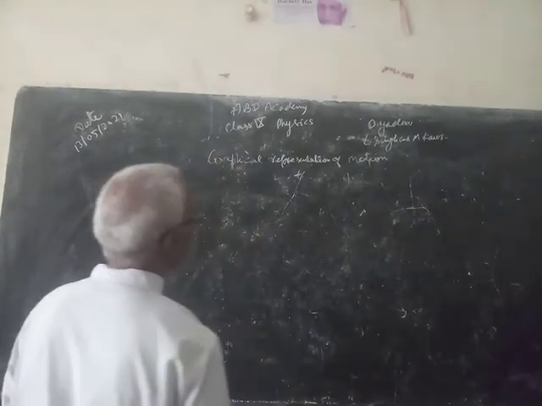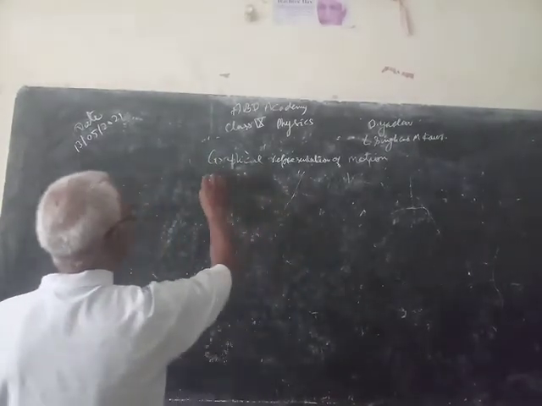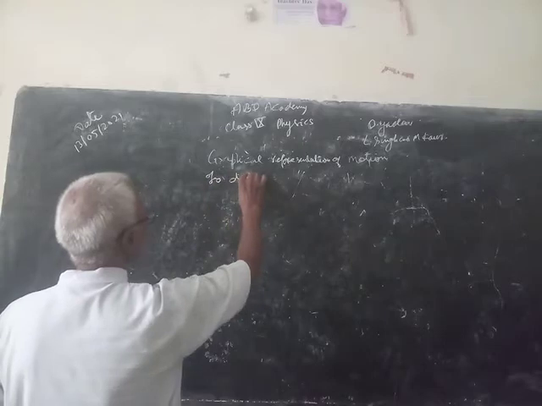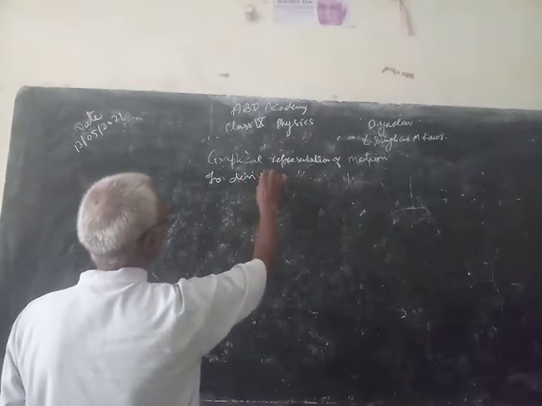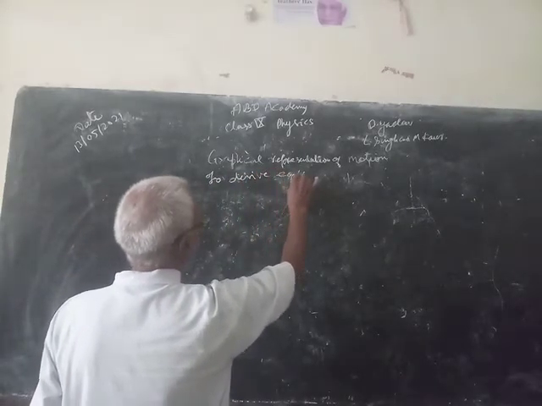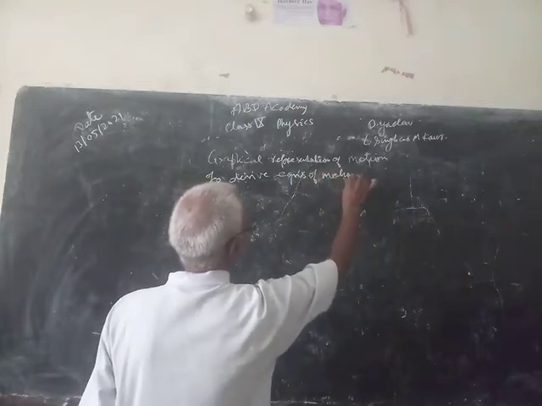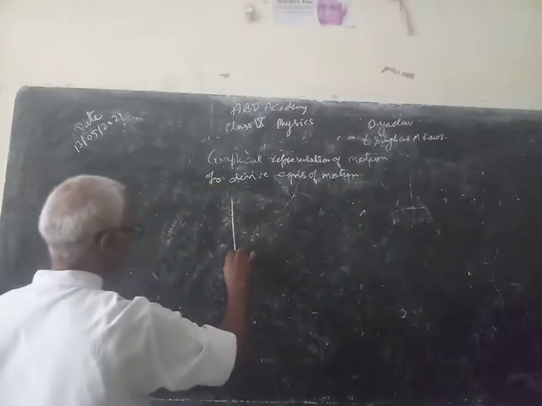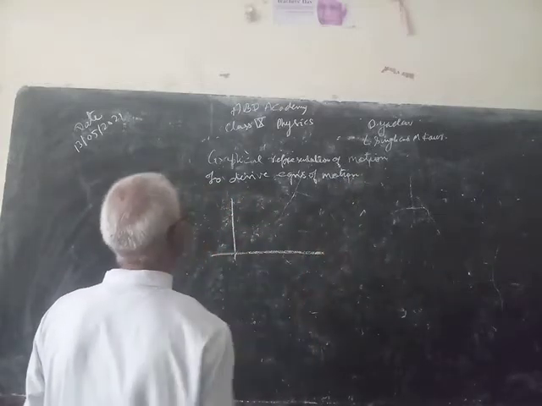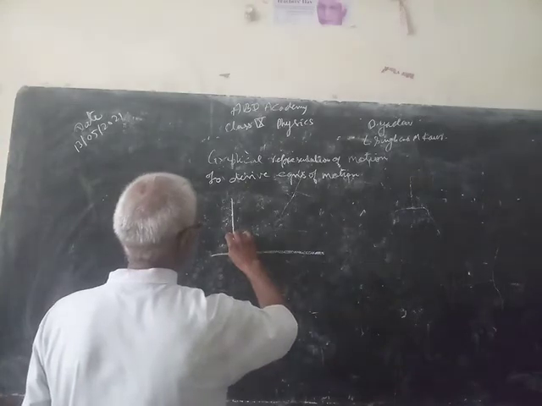Now, to derive the equations of motion by the graphical method, the graphical representation of motion. So the first equation is v = u + at.